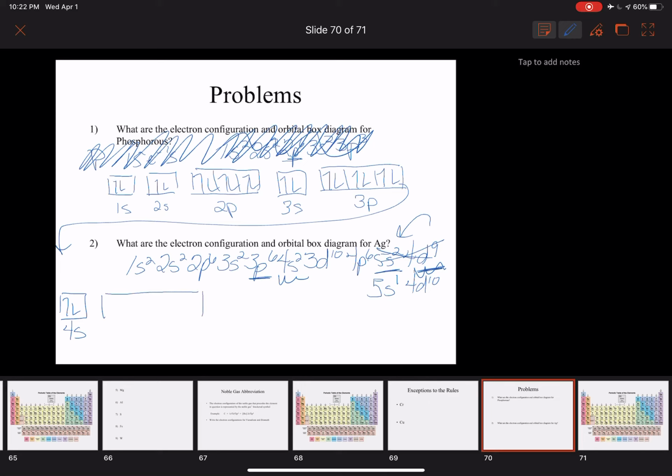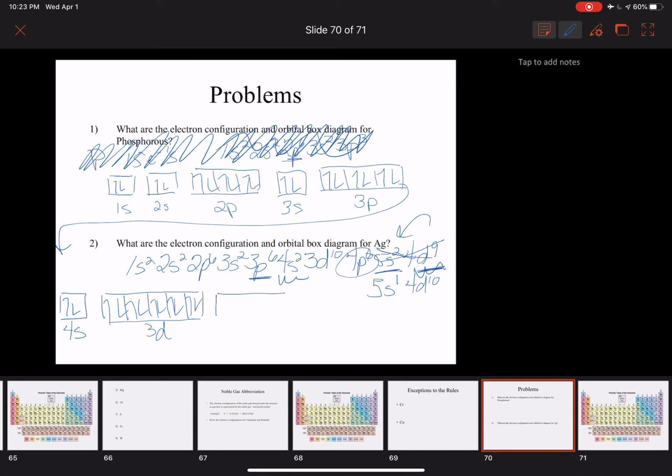And remember that your d's are going to come in 5s. So we have 3d, and then we have 4p6 right in there.